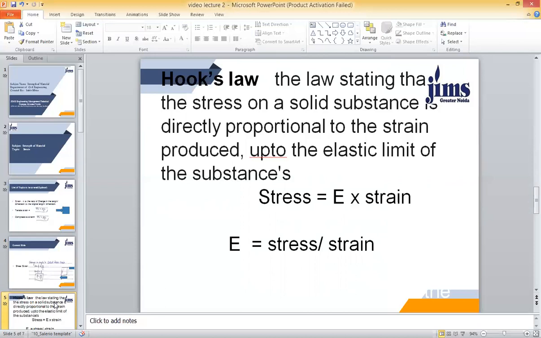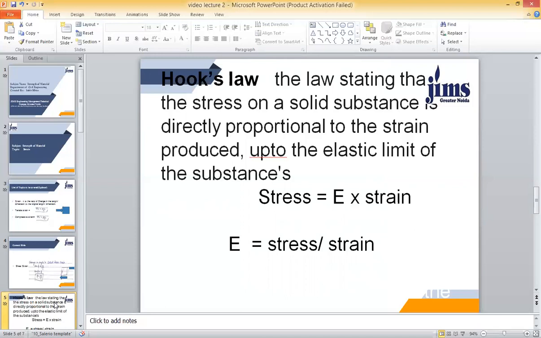And when that proportionality sign is removed, the stress is equal to some constant times strain, and that constant E is the ratio stress divided by the strain, and E is generally called the modulus of elasticity.